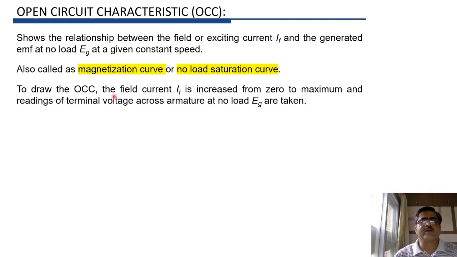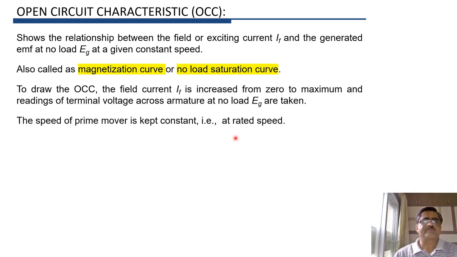We have to increase the field current IF in steps from 0 to maximum, and for each IF we have to note down EG, that is terminal voltage across armature at no load. While performing this experiment, the speed of prime mover must be kept constant. Generally this speed is the rated speed of machine.